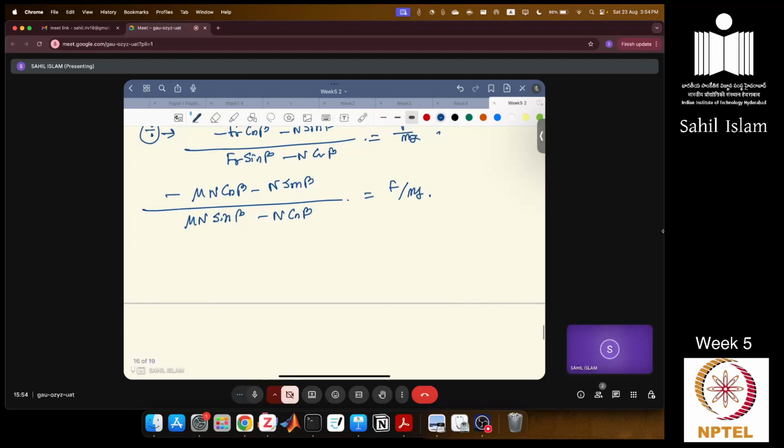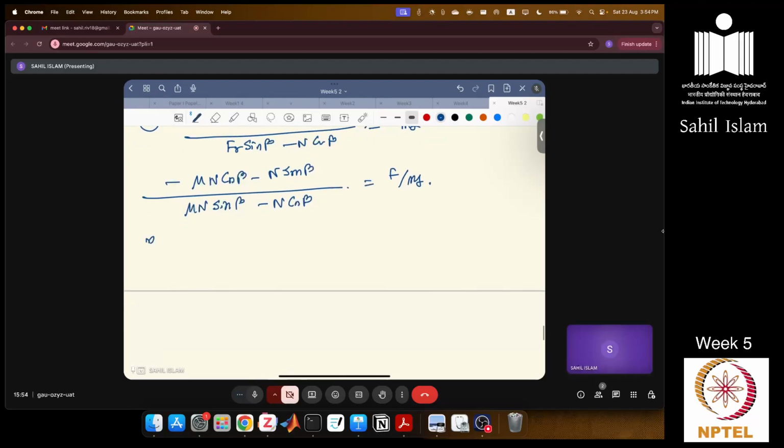So n gets cancelled out from up top and bottom, and we get mu cos beta minus sin beta by mu sin beta minus cos beta equals F by mg. Oh, also F equals mg, or could we forget? So this is 1. Let's cross multiply.